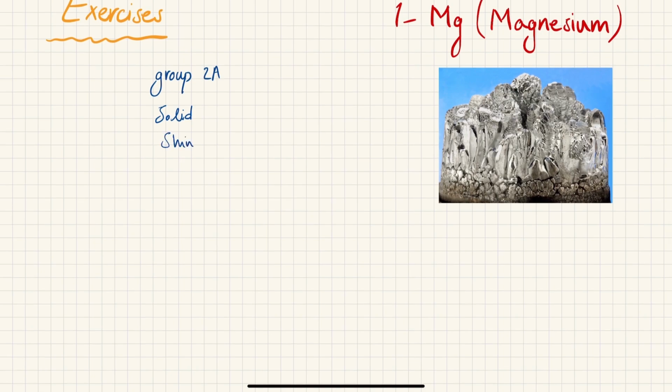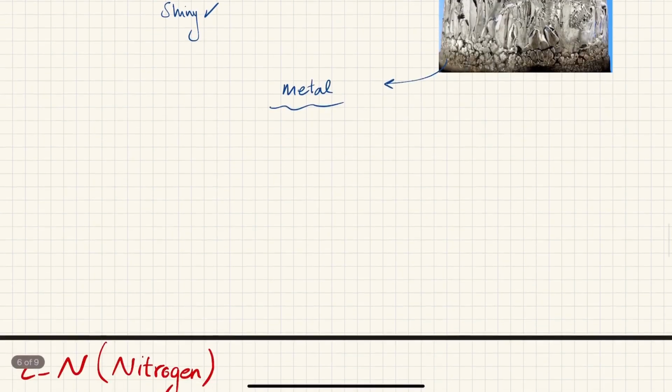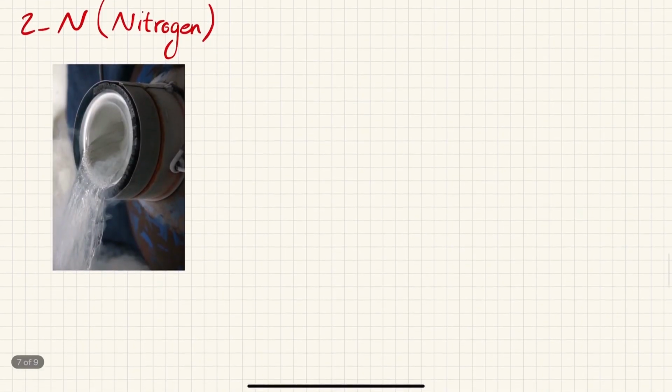Okay, magnesium is in group 2A, which is in the left area of the table. And we all know that magnesium is a solid at room temperature. And as you can see, it is really shiny. So it should be a metal. Okay, hope you answered it correct. Let's go to the next one.